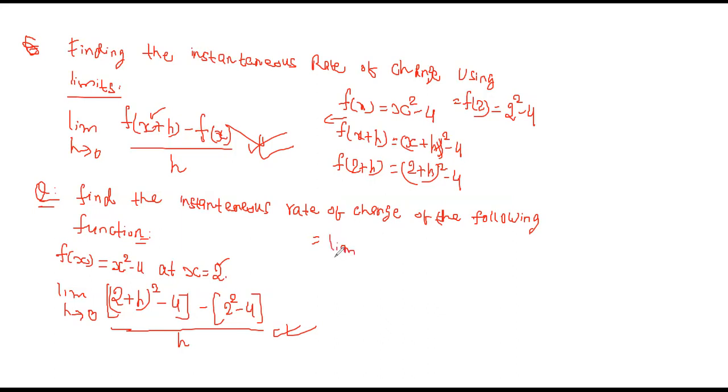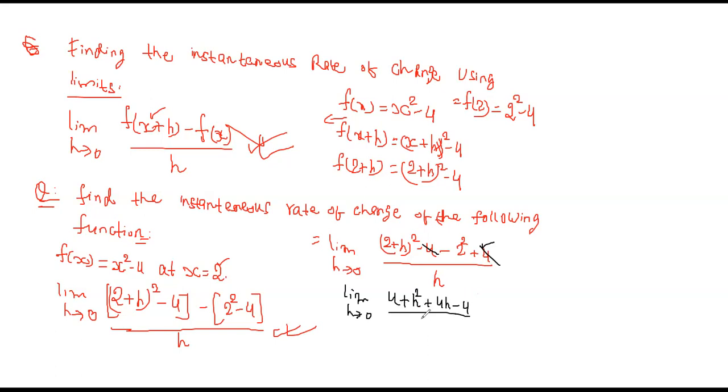Limit h tends to 0, 2 plus h whole square minus 4 minus 2 square plus 4, by h. Got it? You know how it comes 4 plus 4? Minus into minus, yes, very good. This cancels. Now solve this: limit h tends to 0, 4 plus h squared plus 4h minus 4, by h.